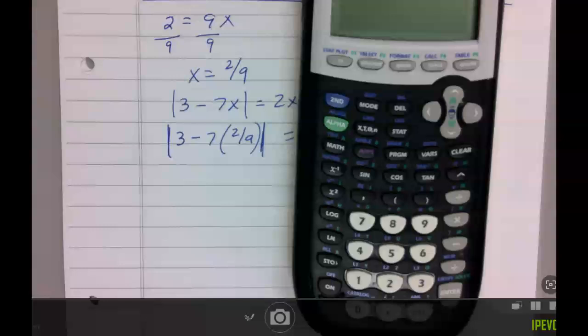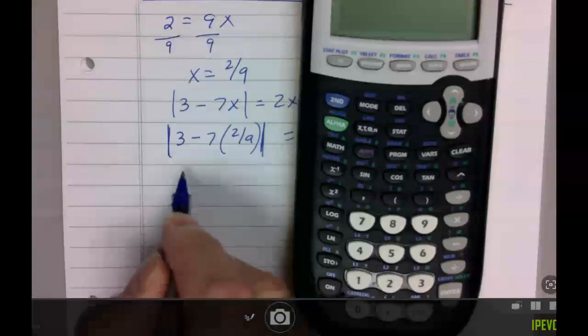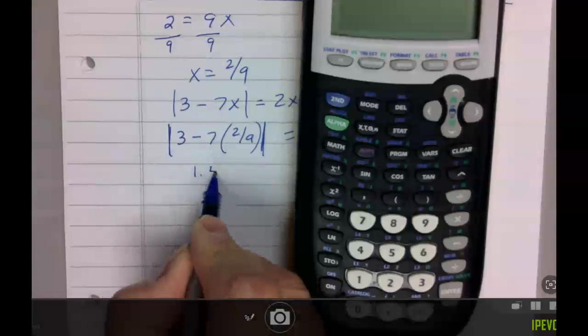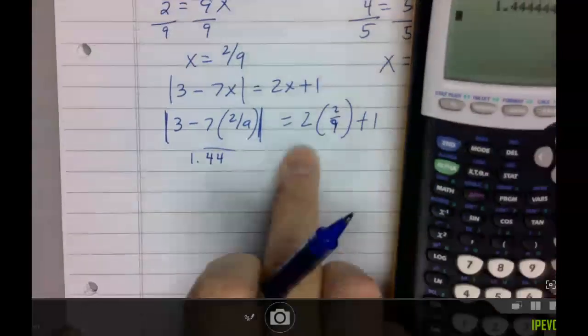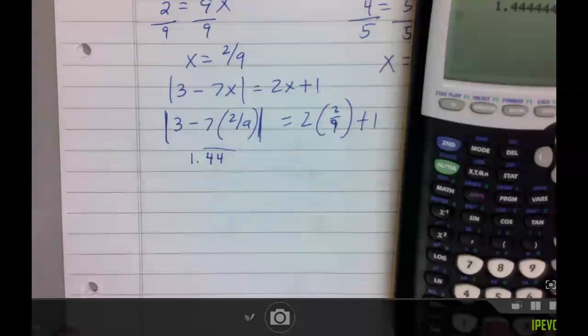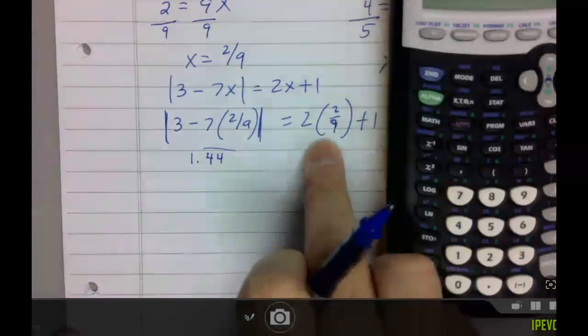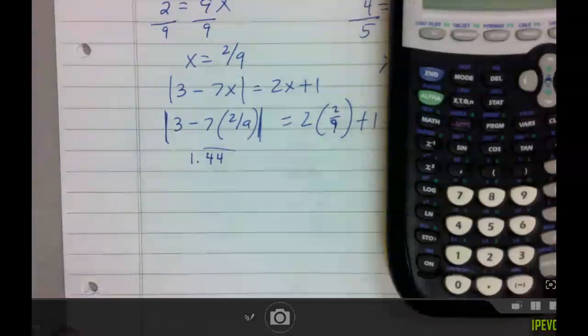Agreed? So this one here is 1.44 repeats. Okay? Over here, hit 2. Let's check, get the other side. 2 parentheses, 2 divided by 9, close parentheses, plus 1. Okay?